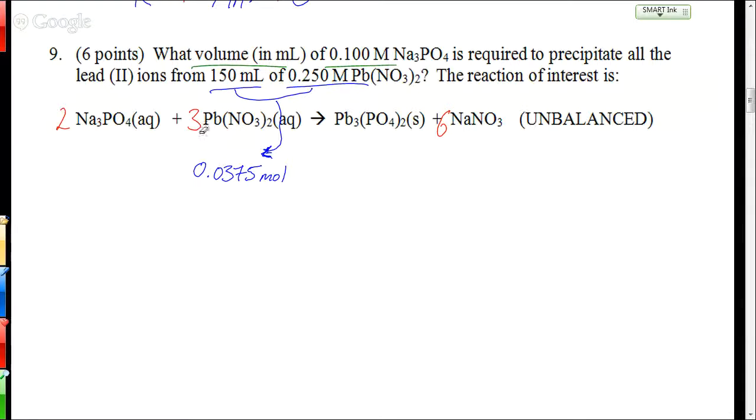So if we need 0.375 moles of this, we can set up an equivalence to figure out how many moles of the other we need.